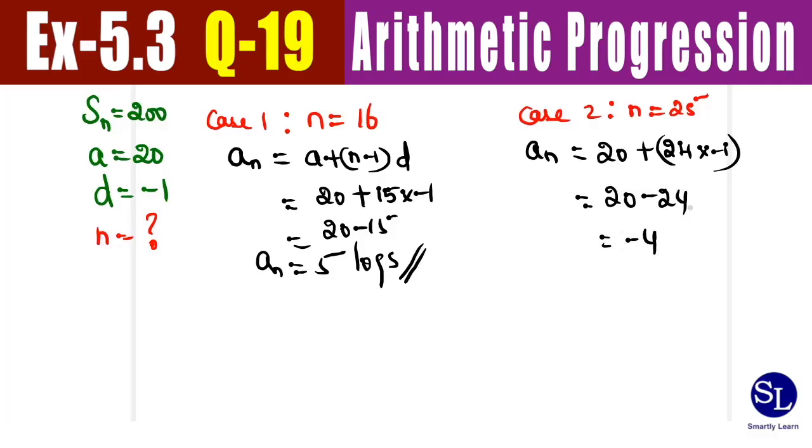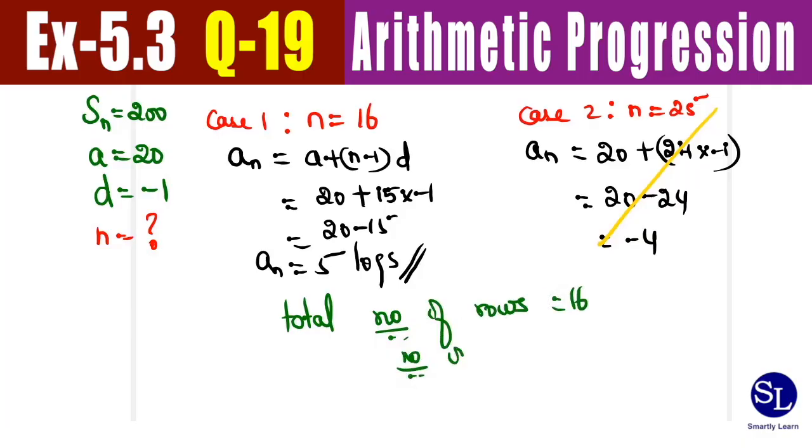Since a negative number of logs is coming in, we are not going to pick the option of n is equal to 25. So discard this case and say that the total number of rows is equal to 16. Number of logs in the 16th row is equal to 5.